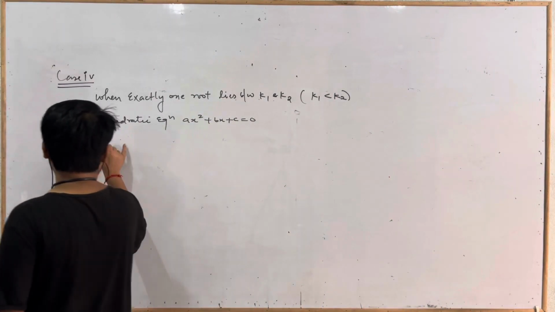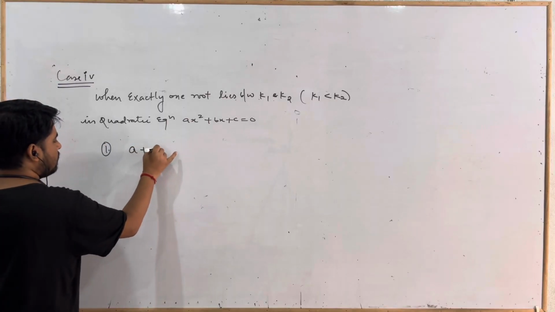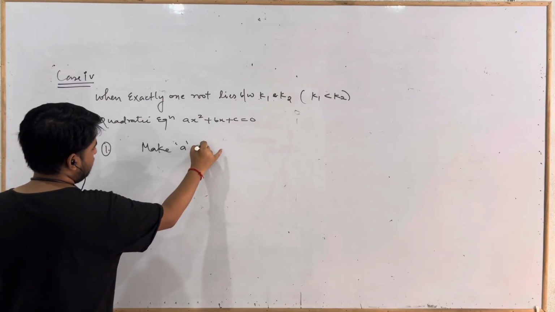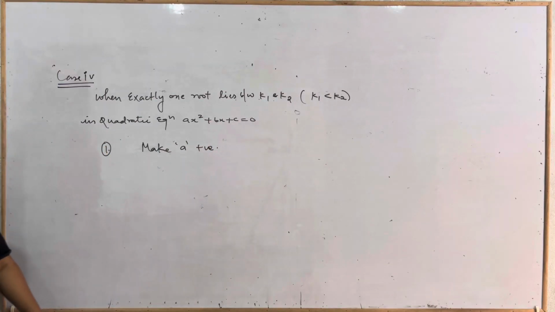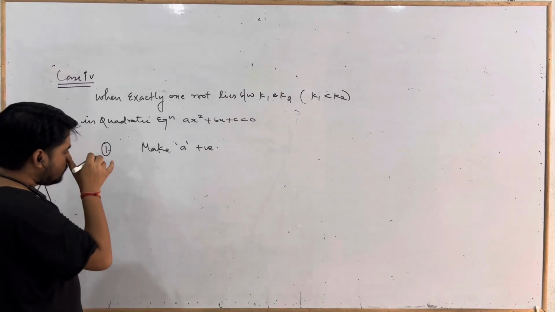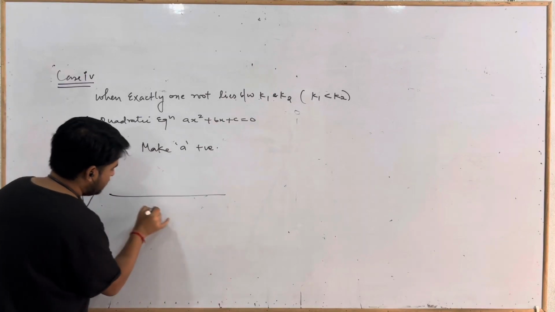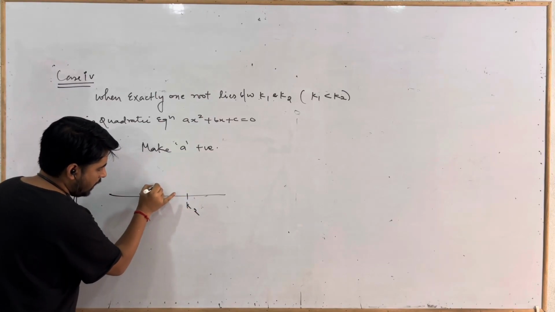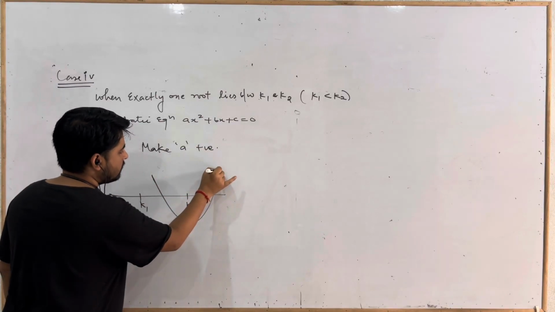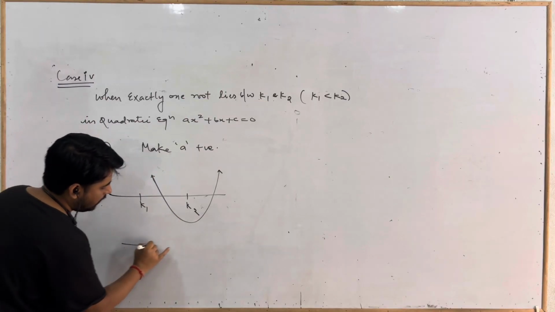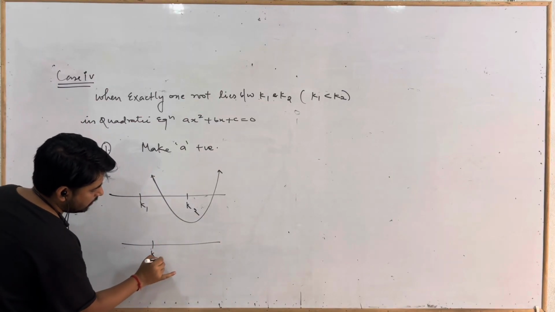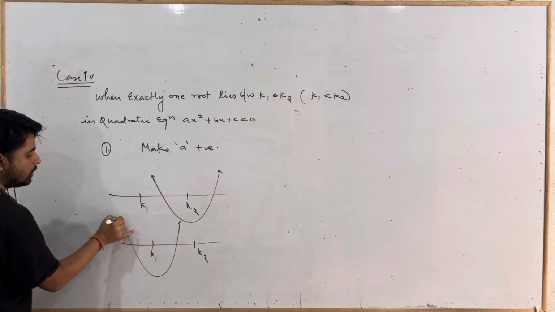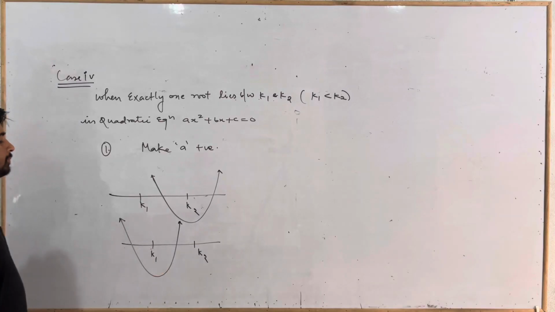So the first thing is what? I am making the a positive here. Make a positive. Right? Now this is k1 and this is k2, and your graph can look this way, or this is k1, this is k2, and your graph can look this way.